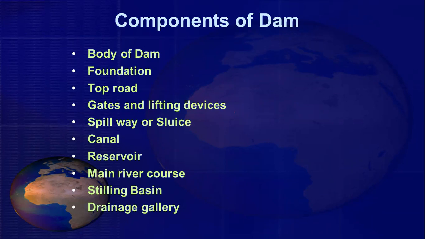Various devices are also set in that inspection gallery. So these are the components. What are lifting devices? Lifting devices are the devices required to open the gates, to lift the gates. The gates are very heavy, and that's why these strong devices are required.